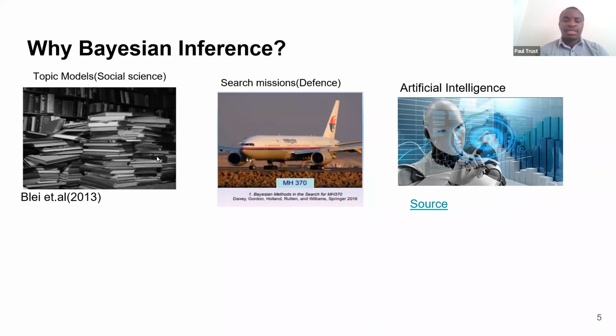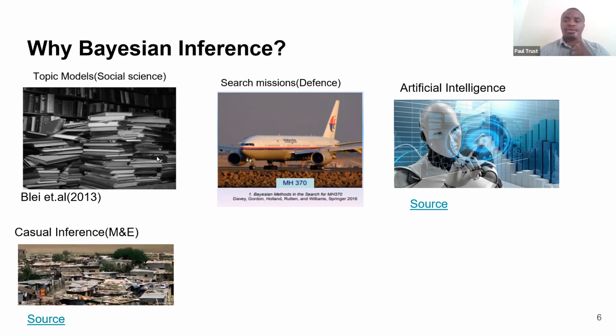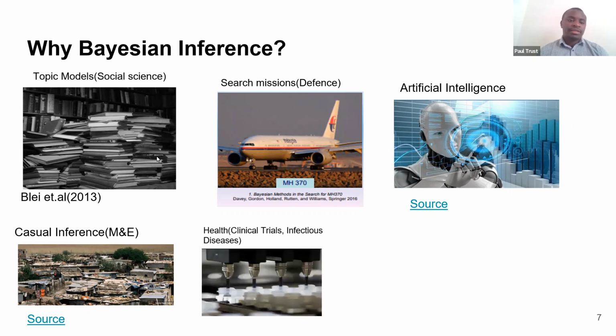When you talk of models like variational autoencoders and very many latent variable models, these are a subclass that actually apply Bayesian methods. Causal inference is a very important area, but most of the methods there borrow from the statistical inference of Bayesian statistics.